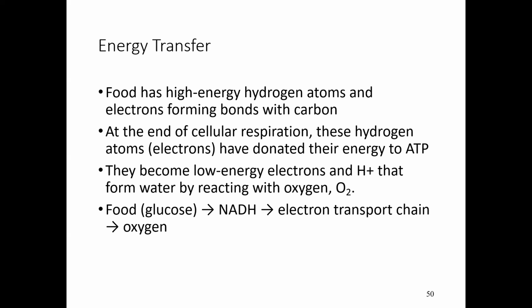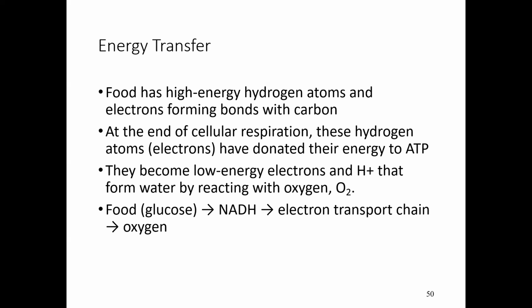As we do that, we have to have this intermediate carrier to grab the electrons and the hydrogens, because we're not taking them directly to oxygen. We don't want to go that fast. That's a little faster than our bodies would like. So we have this intermediate step.